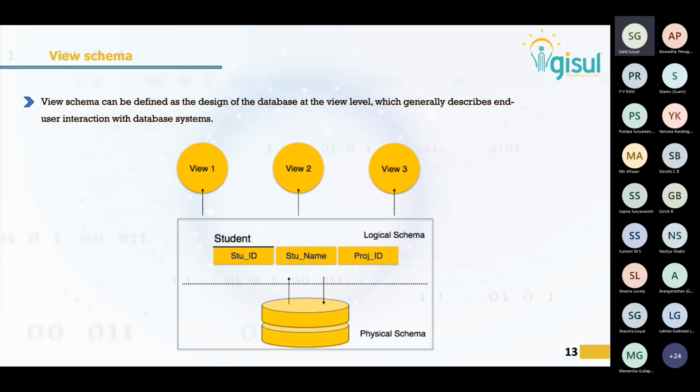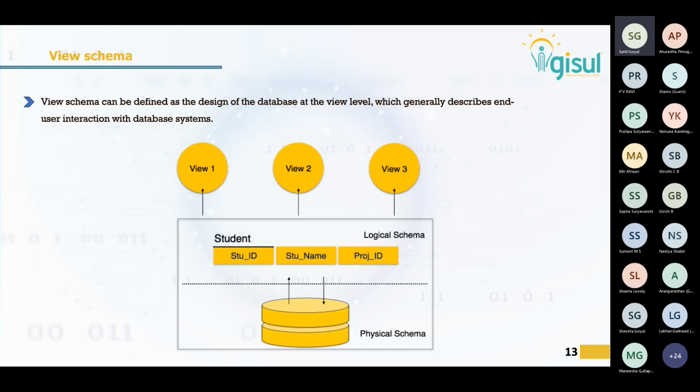As I gave you the example earlier, the view schema is that particular interaction where end users like you and me would be looking into the data from our own perspective. Example, let's say at the logical schema level, I'm calling a table student, and it has 10 columns.